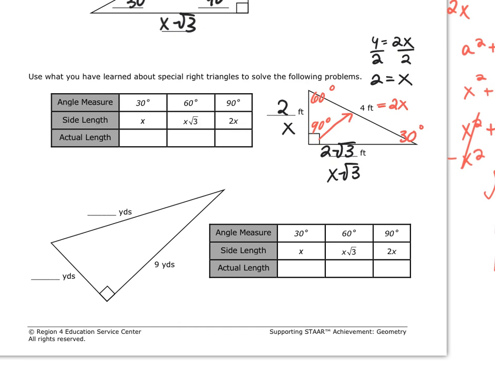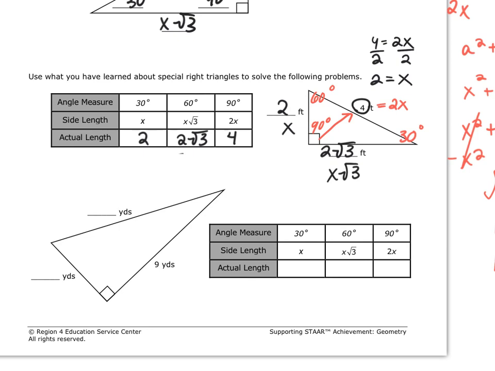Let me write these in my table. I started by finding that 2x was equal to 4. That was given to me. Remember, that was on the diagram right there. That told me that x must be 2. Using that, I knew that this side was 2, and that the side opposite 60 was 2 square root 3. All I did was substitute 2 in place of x.